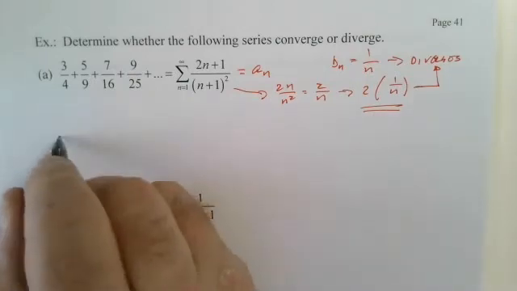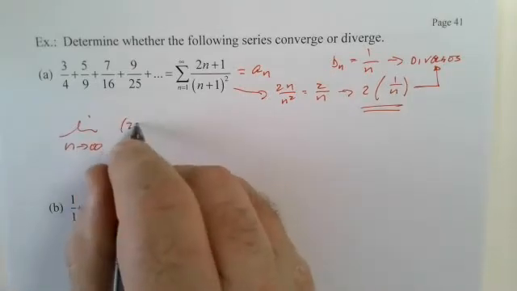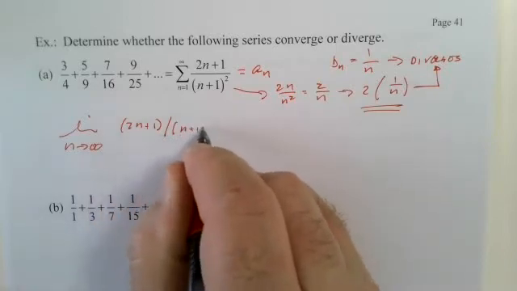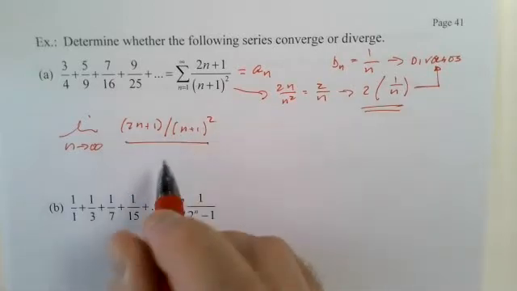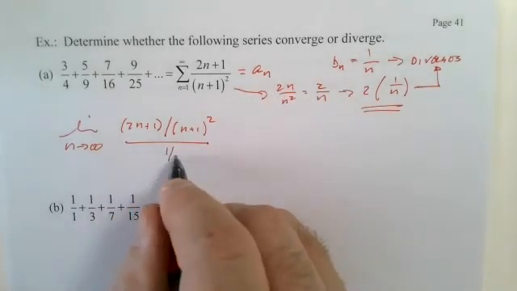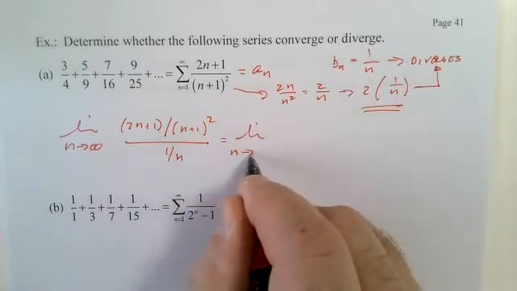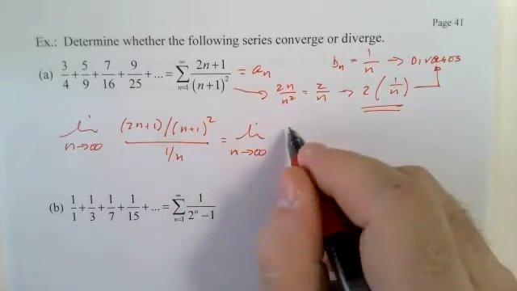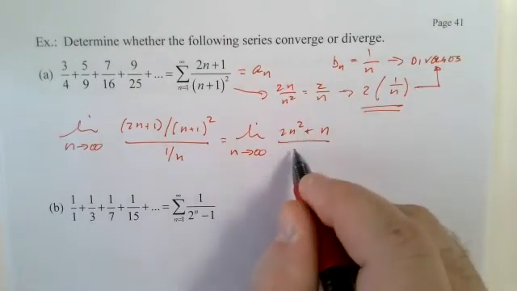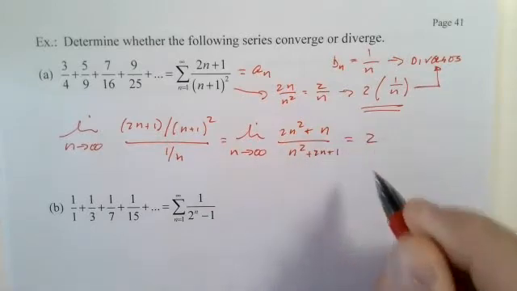They do this whole thing: limit as n goes to infinity of (2n plus 1) over (n plus 1) squared. So we're comparing a of n and b of n, which is 1 over n. You get the limit as n goes to infinity of (2n squared plus n) over (n squared plus 2n plus 1) equals 2.